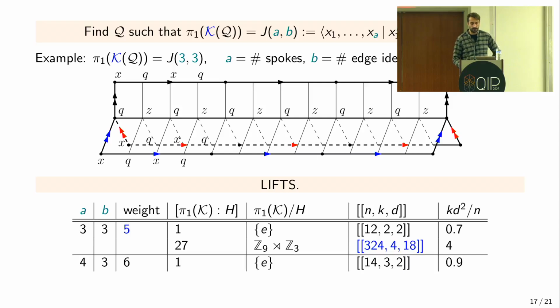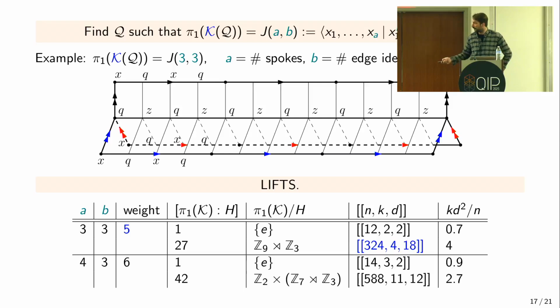And we can play with other integers A and B. For instance, here we have this code of parameters 14, 3, 2, and then by lifting, we get a code with increased dimension and distance again. And I should emphasize that this column here, where you see these groups, represents a subgroup of the automorphism group of the code, which is really given for free by the theory of covering spaces.